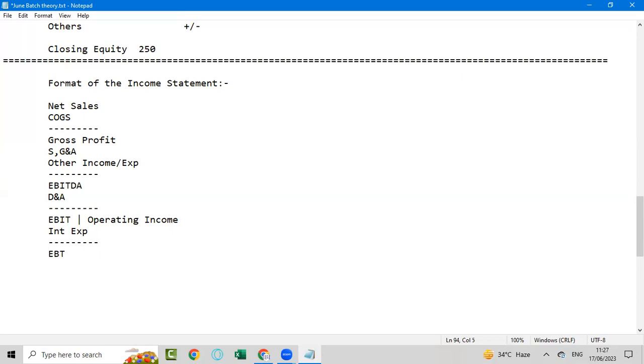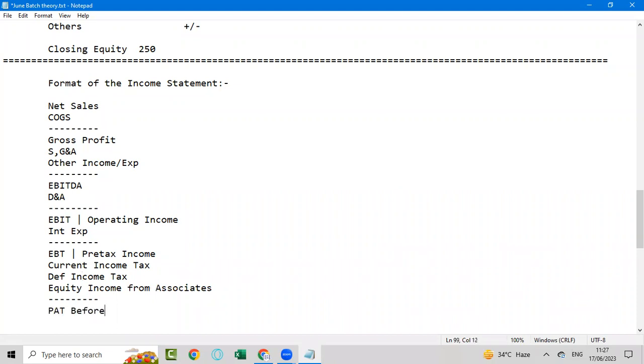We will get EBT. This is also called pre-tax income. Then current income tax, deferred income tax, equity income from associates, profit after tax before minority interest.